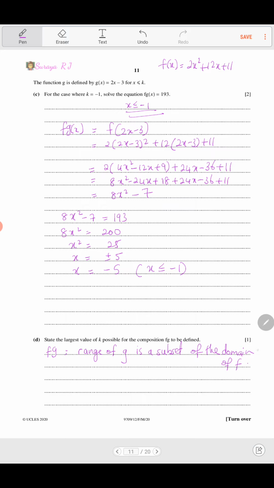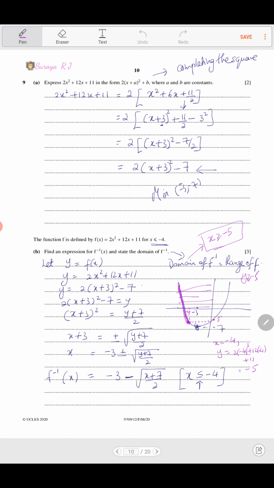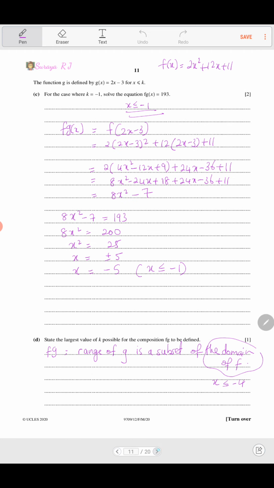So this part, the domain of f, we know it is, in the previous part we saw that it was x less or equal to minus 4. Here it is the domain of f. It is x less or equal to minus 4. Now the range of g, here we have function g.